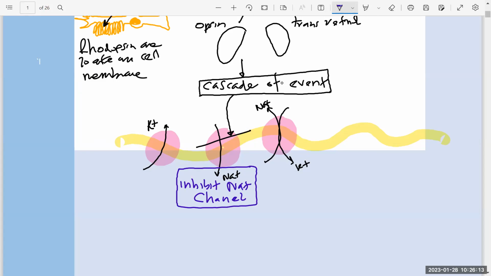What will happen if the sodium channel is inhibited? The potassium ion is moving out. Potassium ion moving out means the positive charges are going out. Okay. So we have learned previously, inside is negatively charged, outside is positively charged.